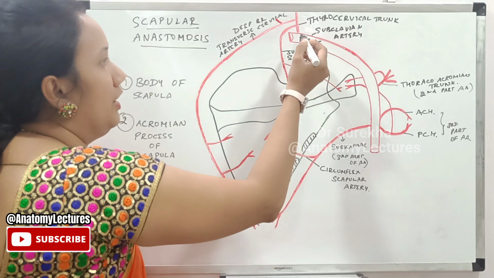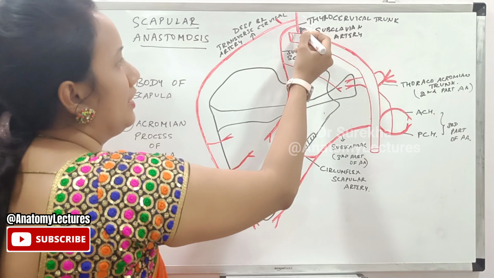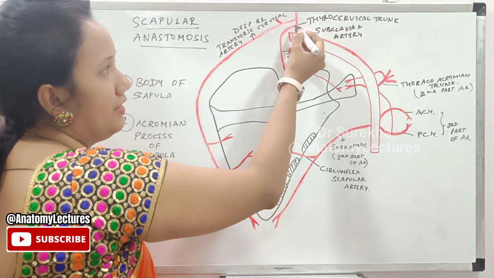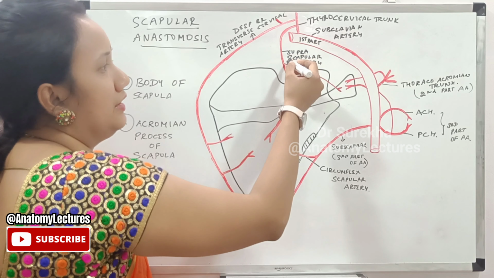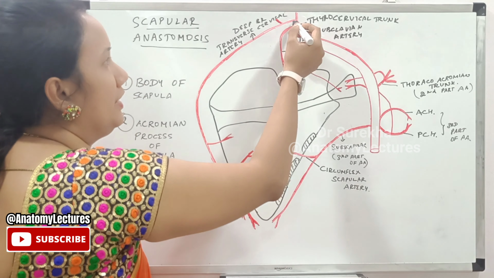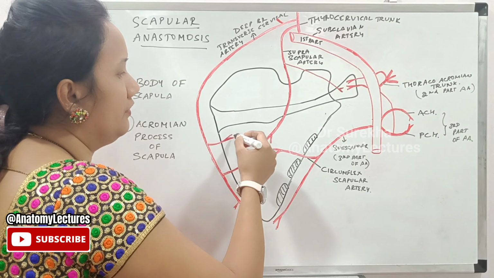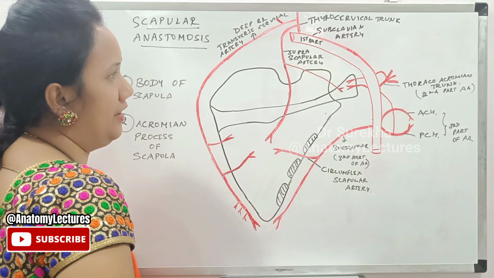So the first part of the subclavian artery is giving off the thyrocervical trunk, and this thyrocervical trunk is giving rise to two branches, that is the suprascapular artery and deep branch of transverse cervical artery.